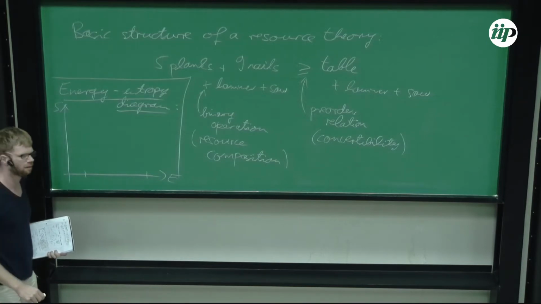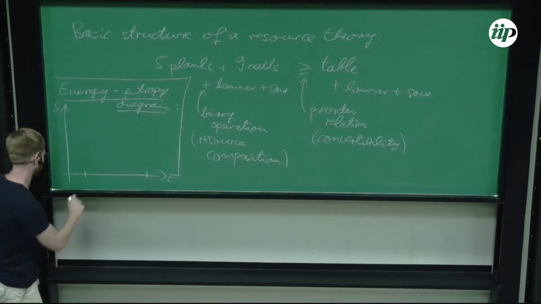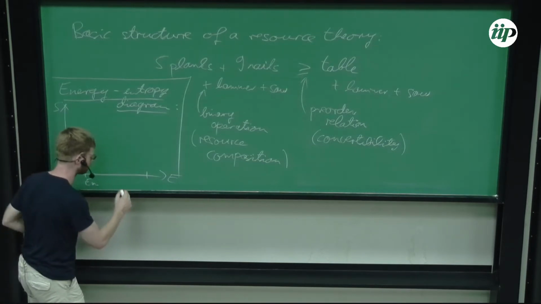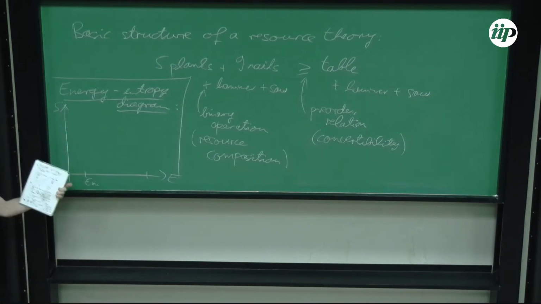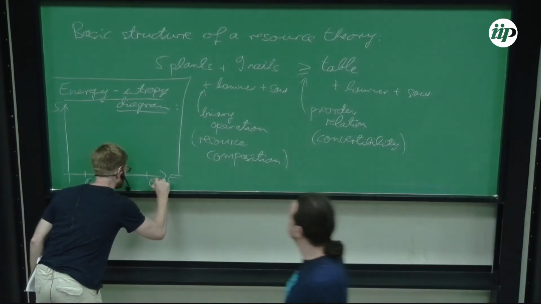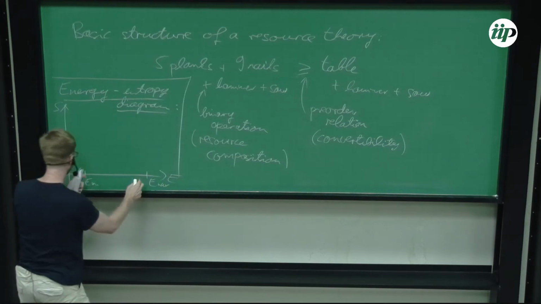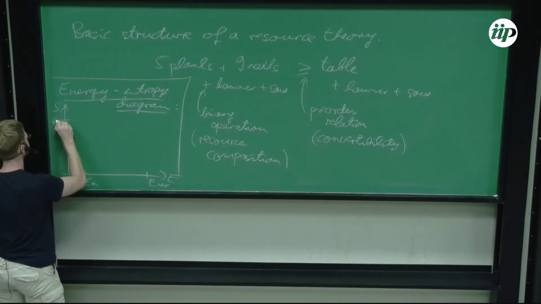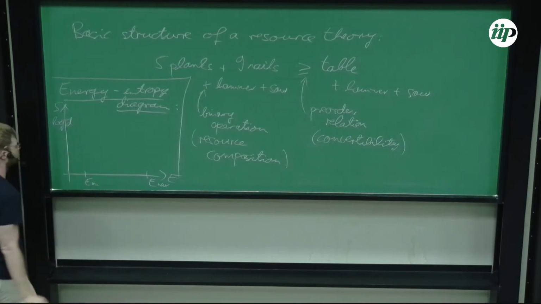So, what is this going to look like? Well, certainly the energy must be confined to being between the ground state energy and the ceiling state energy. So there's some E min and E max here, and everything has to be inside here. Likewise, the entropy can at most be log of the dimension.